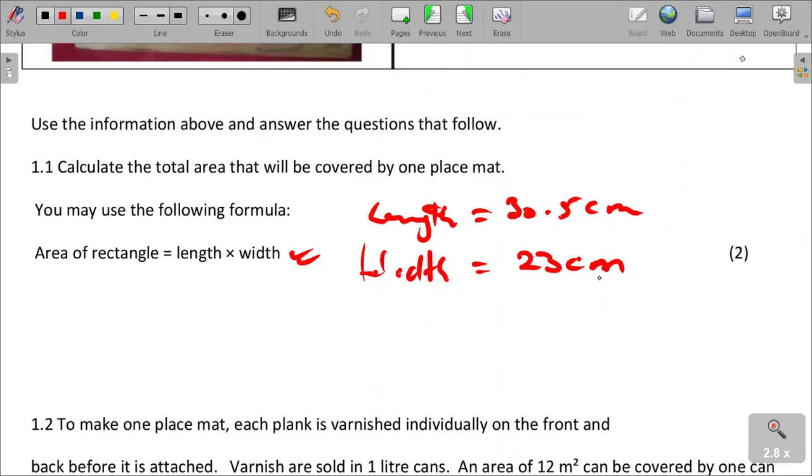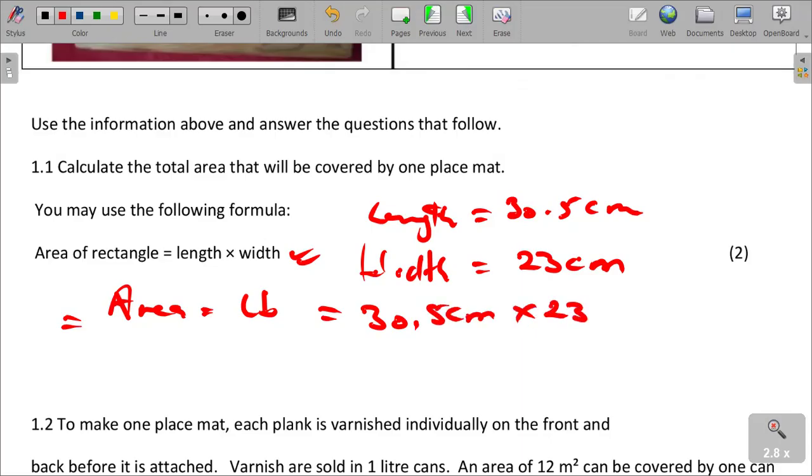So what we need to calculate is the area, which is equal to length times breadth, which is 30,5 centimeters times 23 centimeters. We are only substituting the values that we have here, 30,5 and 23 centimeters.